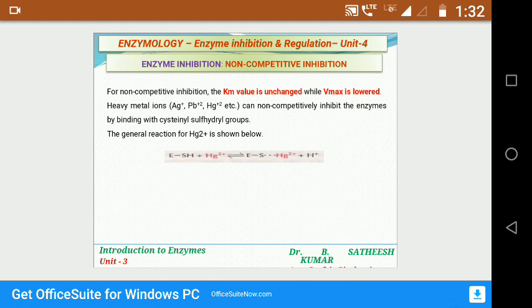Therefore, the active site strictly binds substrate only. That means the Km value is unchanged. But the velocity of the enzyme will be affected due to the binding of the inhibitor. Therefore, the Vmax is always lowered in the presence of the inhibitor.